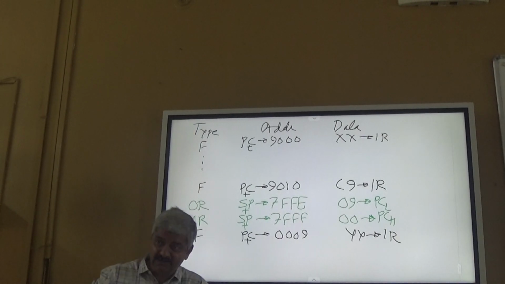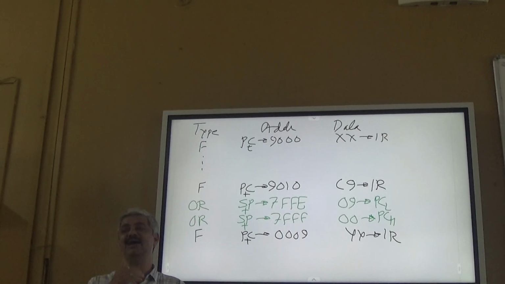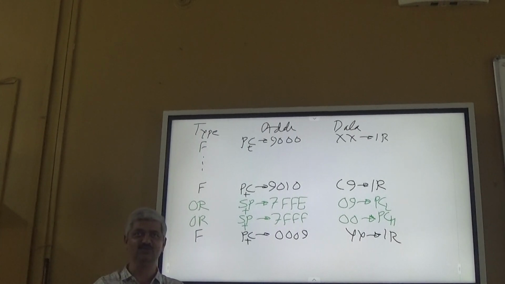What is the difference with a subroutine? It is like master and servant. The master is doing some calculation, tells the servant to do this and give back the value, and he gives the value. The difference is that the servant is a different person, so something in his mind doesn't disturb my mind.